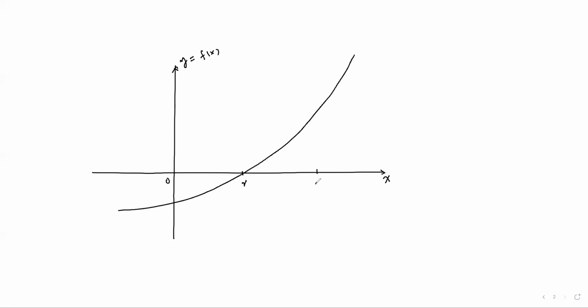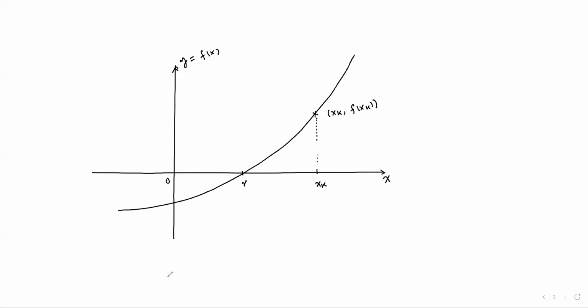Suppose the point xk. Now at xk, there is a point on the graph, xk, f of xk.